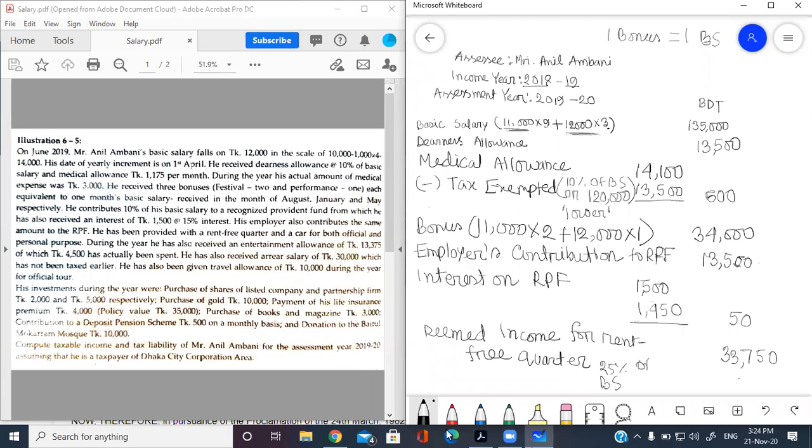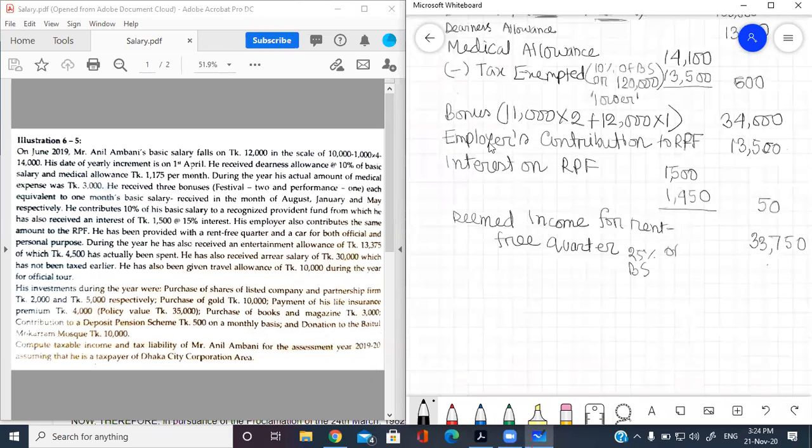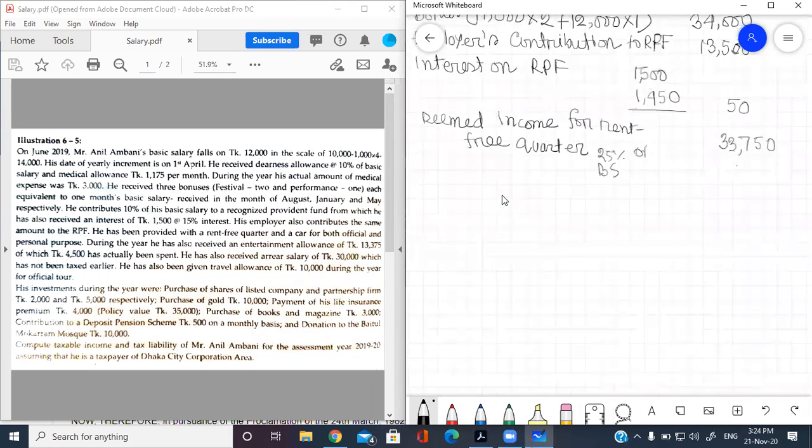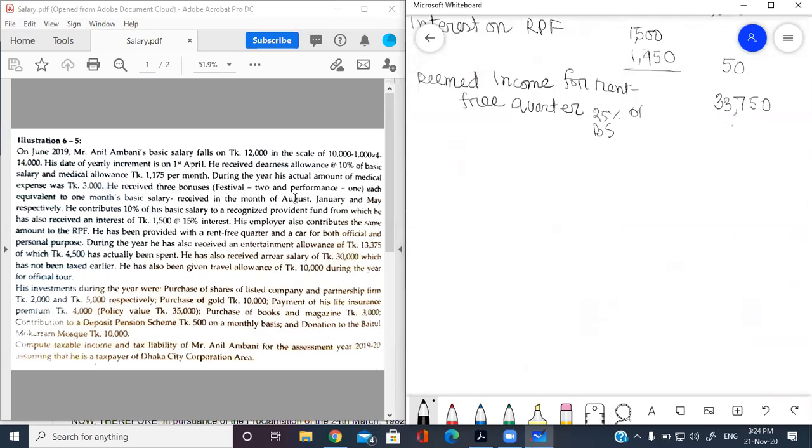Now, let's move on to the following information. He has been provided with a car for both official and personal purpose also. That is another attractive facility.